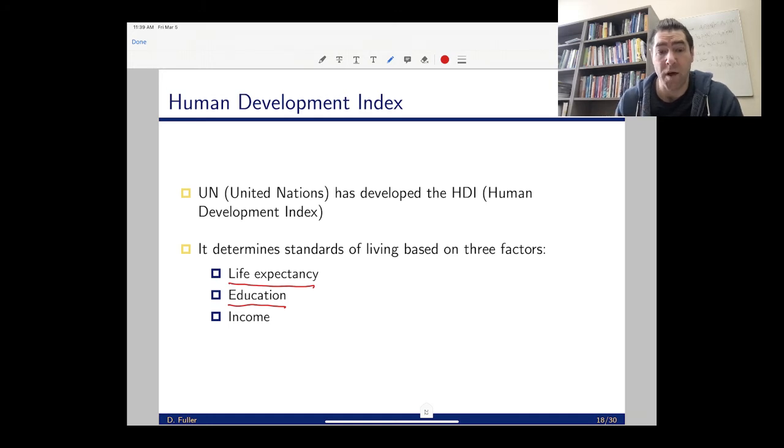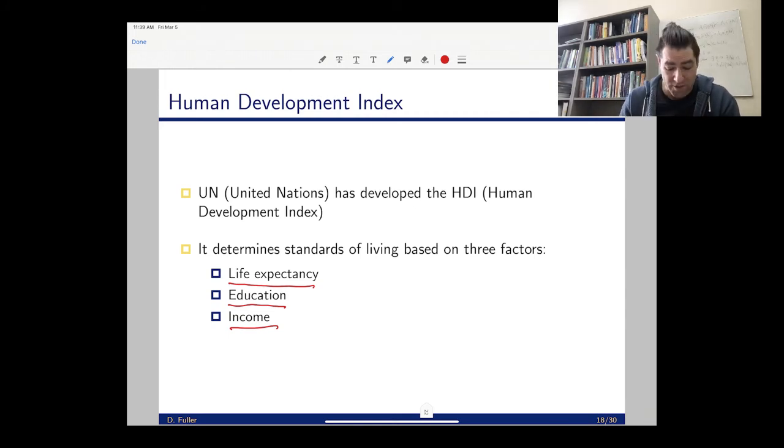What percentage of the population under, say, 16 is going to school? And then we also think in terms of total educational attainment, right? What percentage of the population gets an advanced degree, college or technical college? So access to education, and then, of course, GDP per capita or income per capita.